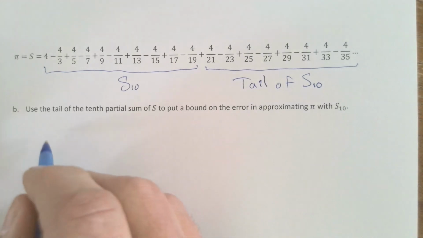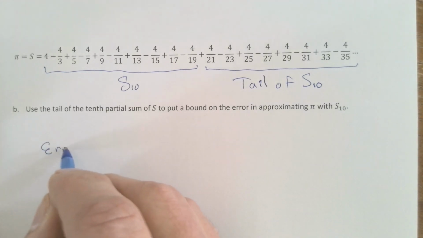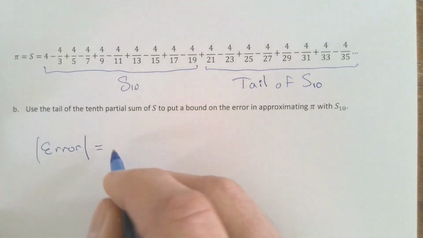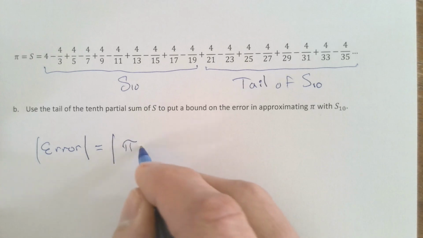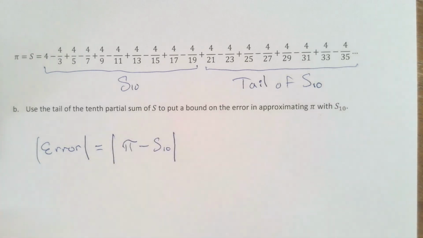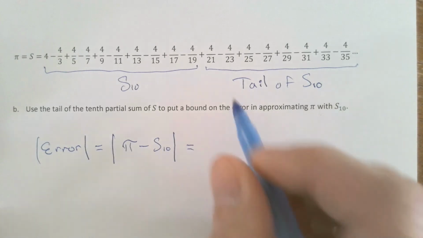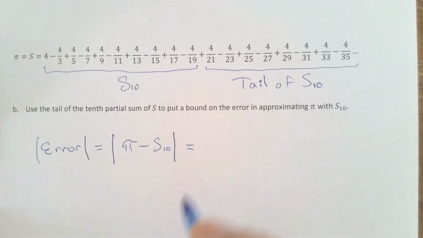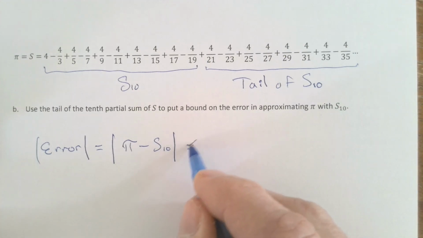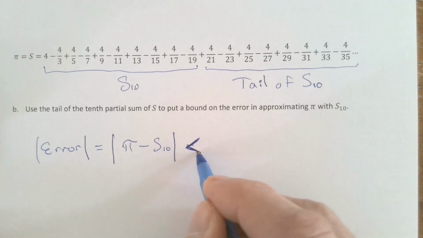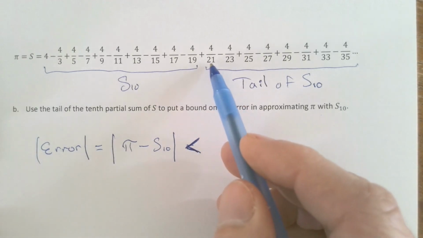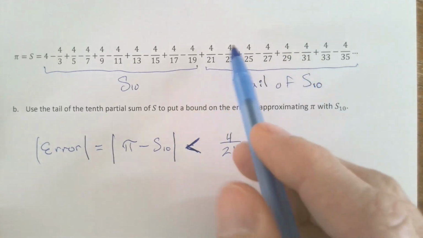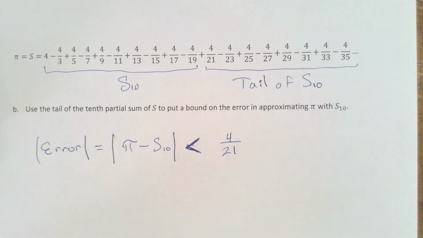So I'll write this up somewhat formally here. The error in using this to try to compute that has an absolute value of this. And that's equal to the tail in absolute value, which is positive, so you wouldn't even need it. But instead of saying it's equal to the tail, which we're not going to calculate, we're going to say the error is less than the first term of the tail, just because the tail is the error, and the tail adds up to a number somewhere between 0 and 4/21.